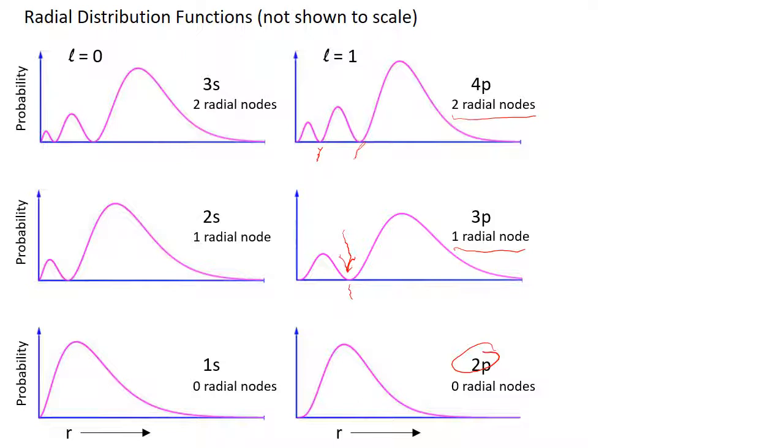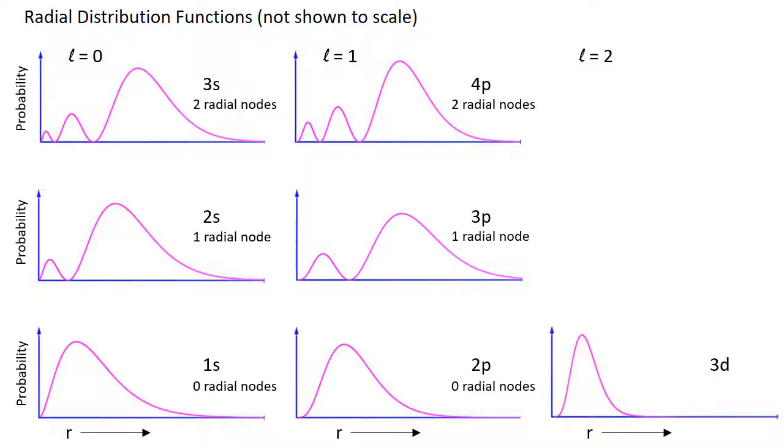Let's move then to the set of orbitals where L equals 2. In other words, the d set of orbitals, or the orbitals in the d set of subshells. The lowest energy available d orbital is a 3d, and it looks like this. Now, we've had to actually compress the distance, so certainly we know that the 3d orbital is much further away from the nucleus.